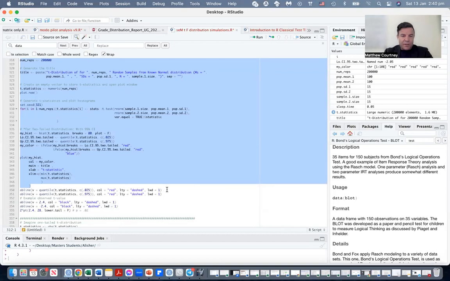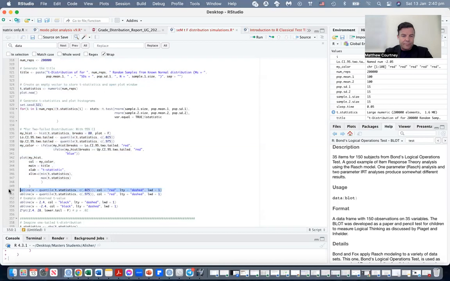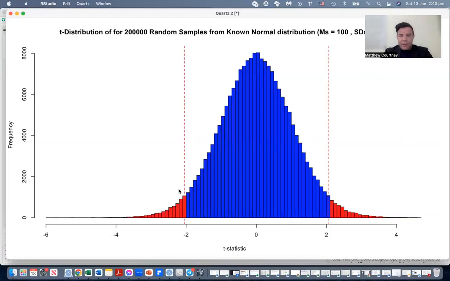We can see the lower and upper demarcation marks or type of thresholds. And I want you to think about what they might mean. So we have about 2.5% here to the right-hand side of the tail and 2.5% to the left-hand side of that tail.